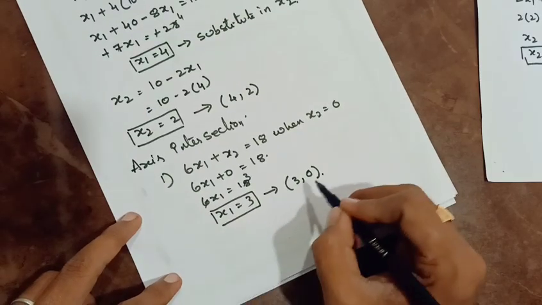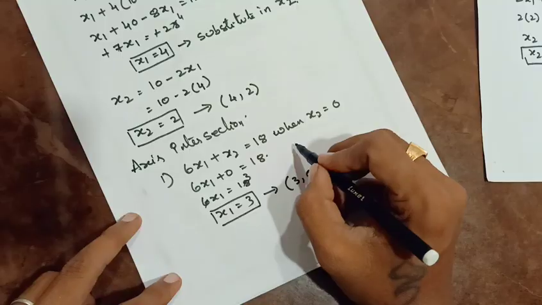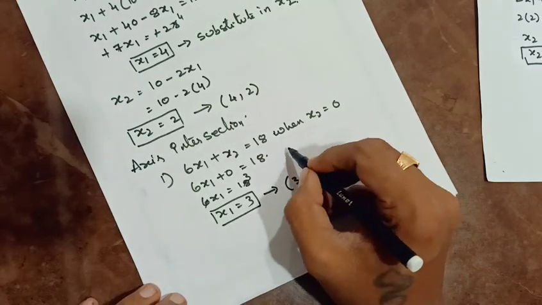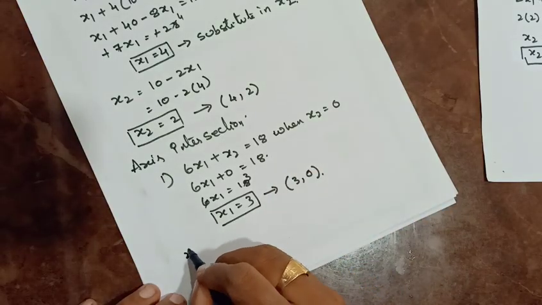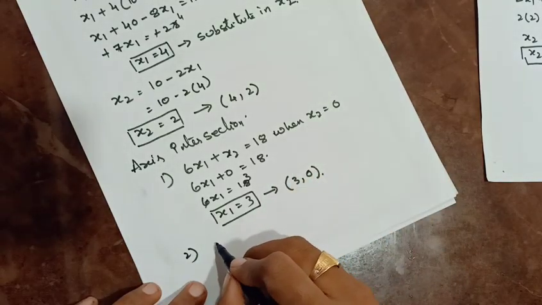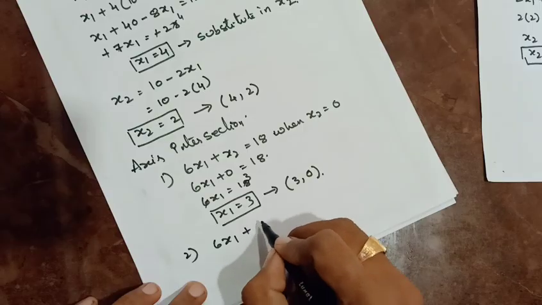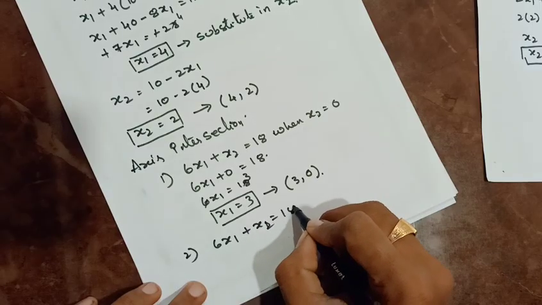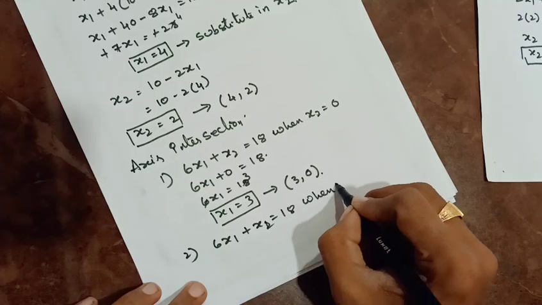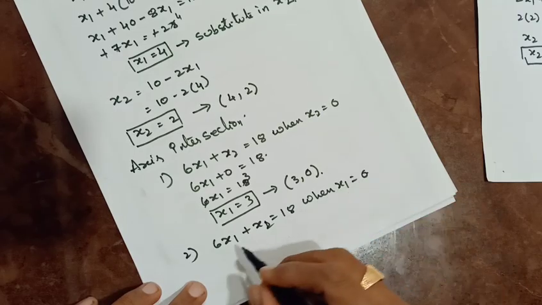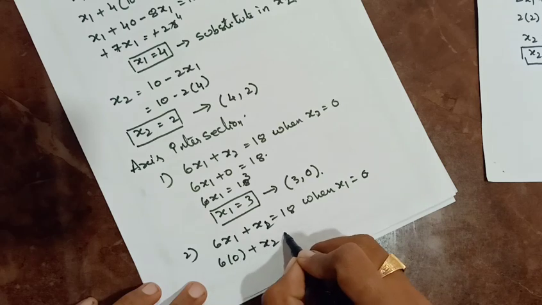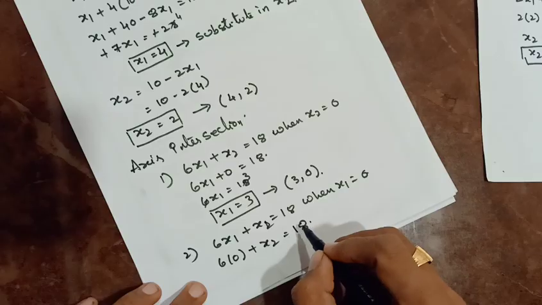Now, we have seen when x2 is 0. Now we will see when x1 is 0. So 6 into 0 plus x2 equals 18.